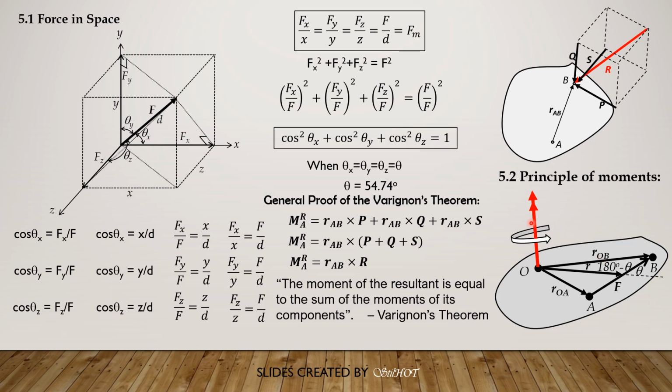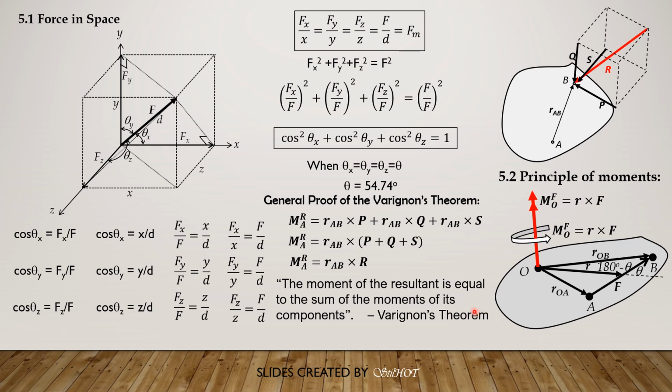So the moment of the force about point O is another vector perpendicular to the plane of the force, or the planes of ROA and ROB, which is the same plane as the force, and it is also equal to this sense of moment. So that's the moment of the force about point O, R cross F.